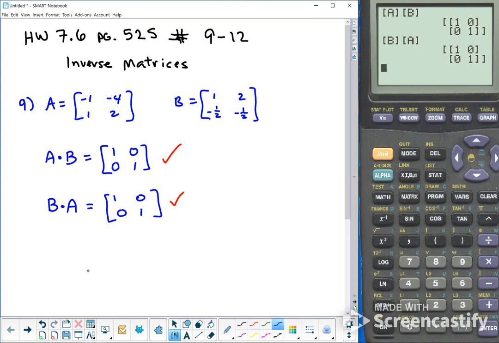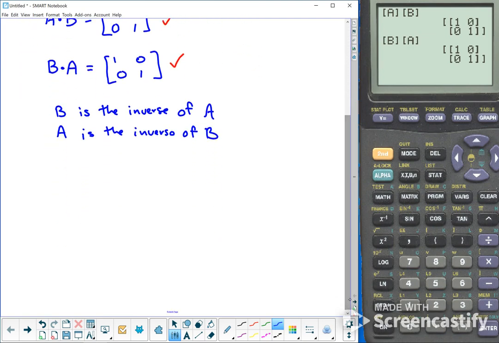And now we know that matrix B is the inverse of matrix A. And vice versa, matrix A is the inverse of matrix B.